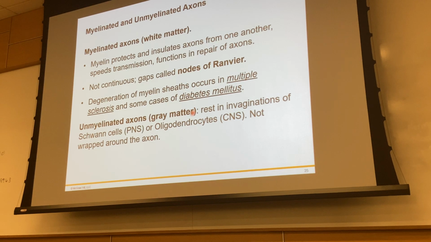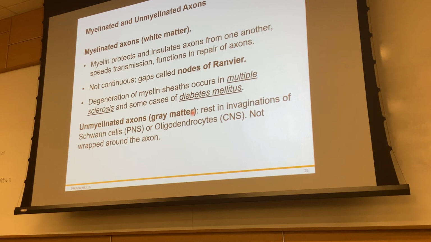When you hear about myelinated axons, those axons are very long. They send signals very, very long distances. In contrast, gray matter consists of unmyelinated axons that are very, very short. We're going to say that they're not wrapped by oligodendrocytes or Schwann cells. Unmyelinated axons are found solely in the central nervous system, whether in the spinal cord or the brain.